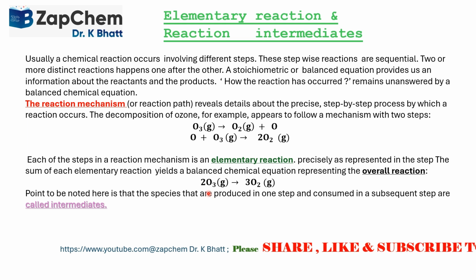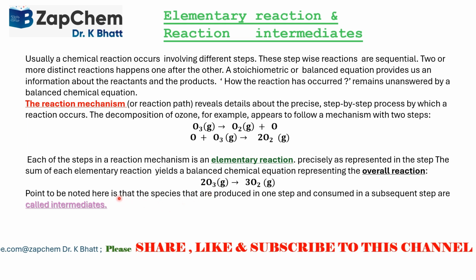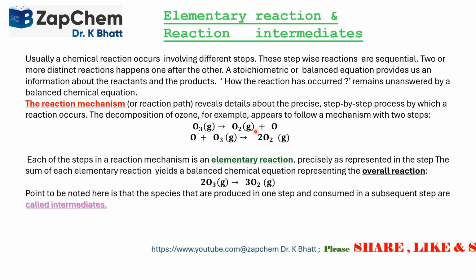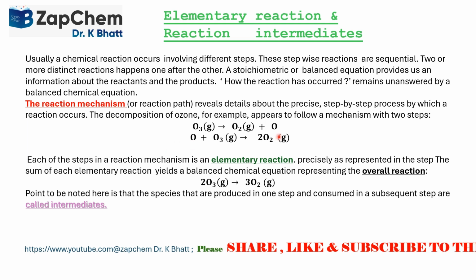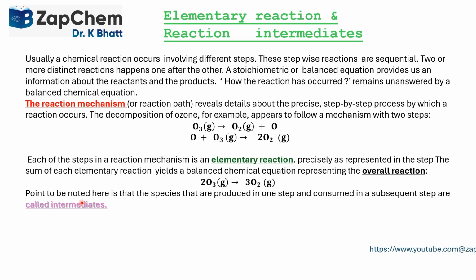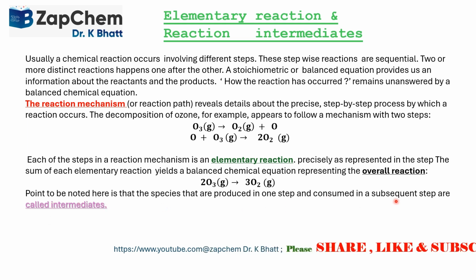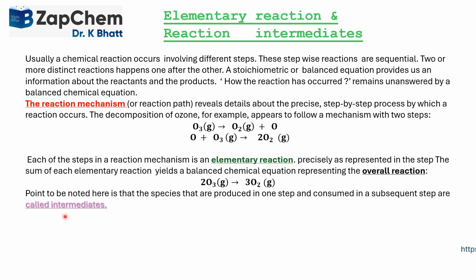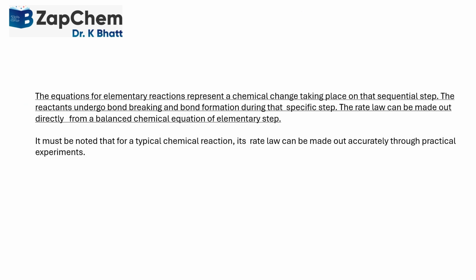One point is very important which we need to understand: some product is formed in between, which is used up in the subsequent reaction. A species produced in a step which is consumed in a subsequent reaction is called a reaction intermediate, or simply an intermediate.